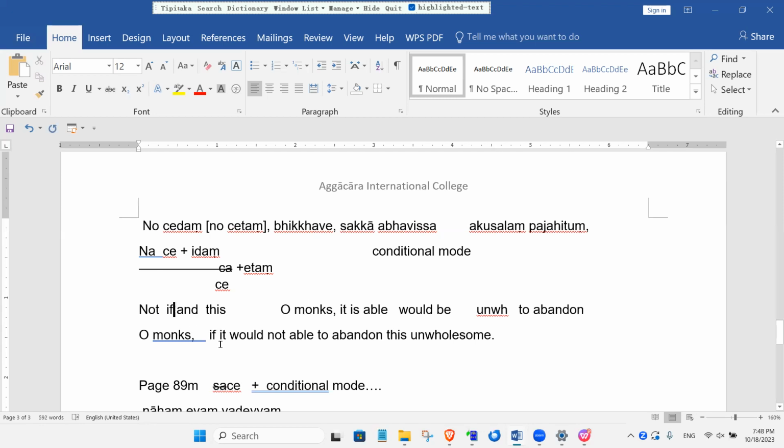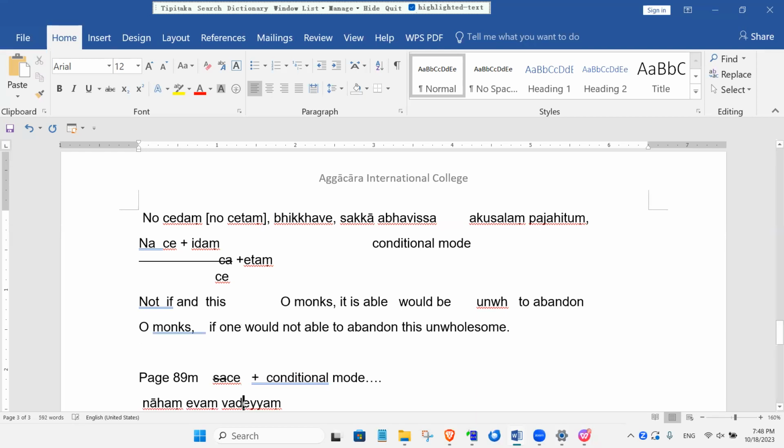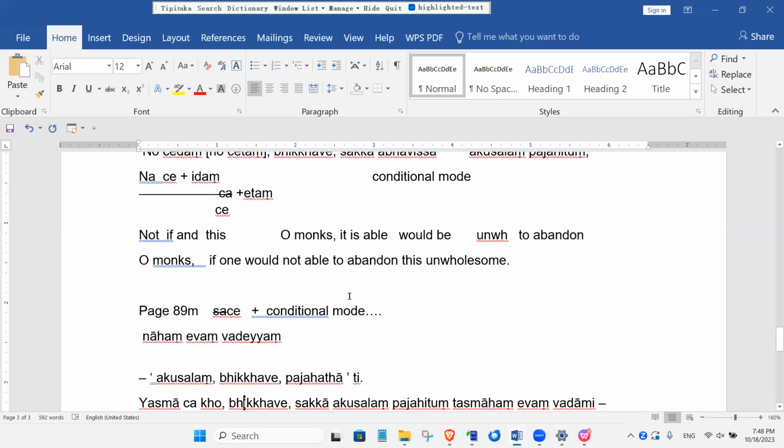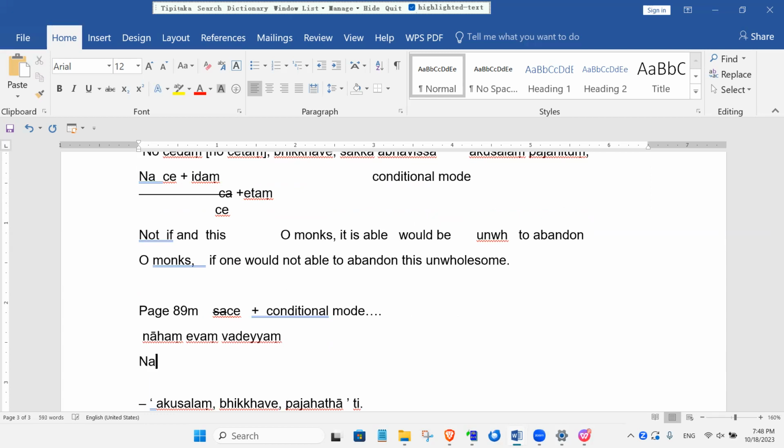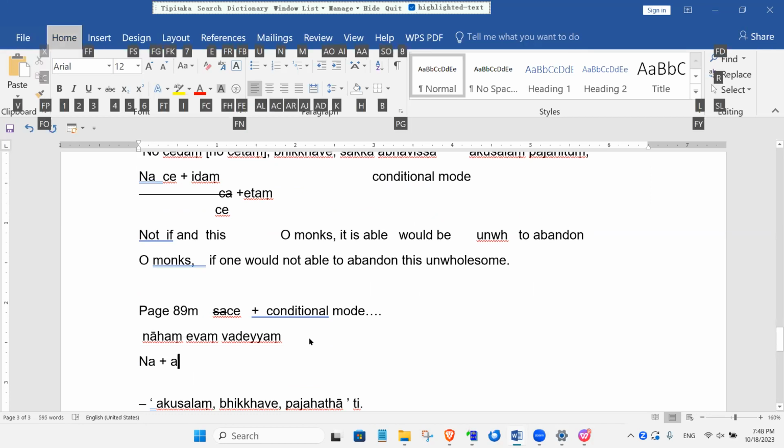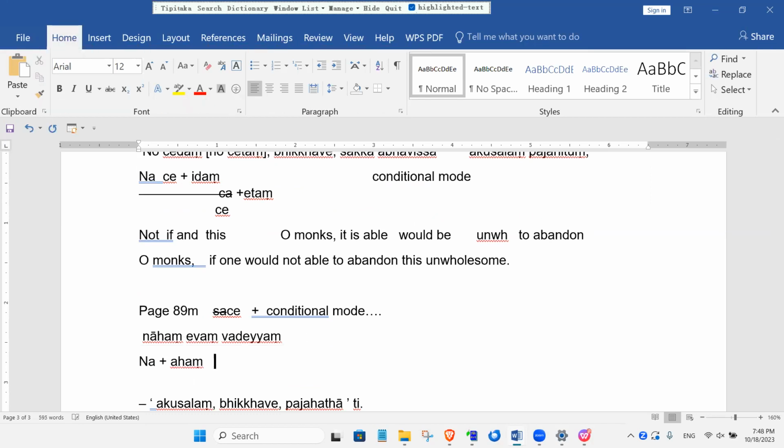So if would be, would be able. Maybe if you want to put the subject, "if one", okay? If one would not be able to abandon this unwholesome, not "aham". Would not be able, not "I".